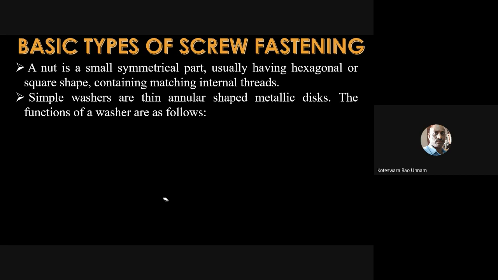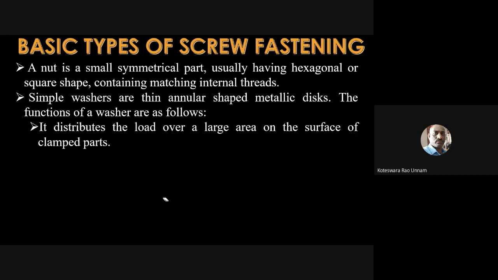So why do we need to use a washer? Even without using a washer, you can make a bolted connection or a threaded connection. But still in some applications washers are used. Why are washers used and what are the functions of this washer? These are the things here. If you use a washer, it will distribute the load over a large area on the surface of the clamped parts.